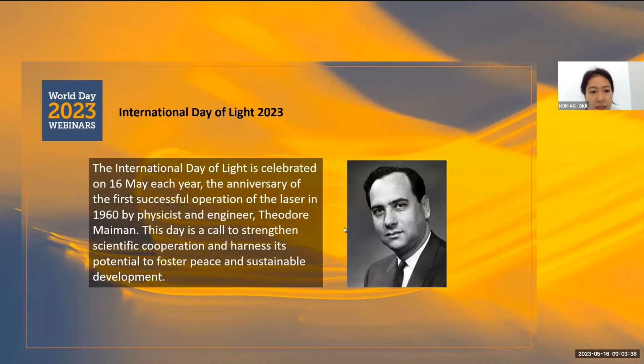A little bit about International Day of Light. The International Day of Light is celebrated on 16 May each year. It is the anniversary of the first successful operation of the laser in 1960 by physicist and engineer Theodore Maiman. This day is a call to strengthen scientific cooperation and harness its potential to foster peace and sustainable development.